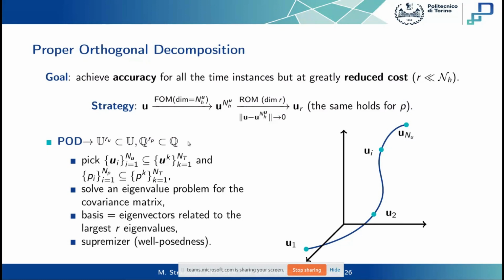So the strategy is based on a double discretization. You have your solution at the continuous level, you apply your full order model, the standard simulation that has a dimension here, and you obtain your discretized solution. Now, assuming that your discretized solution is quite similar to the continuous one, you can build your reduced order model in what we call the offline phase.